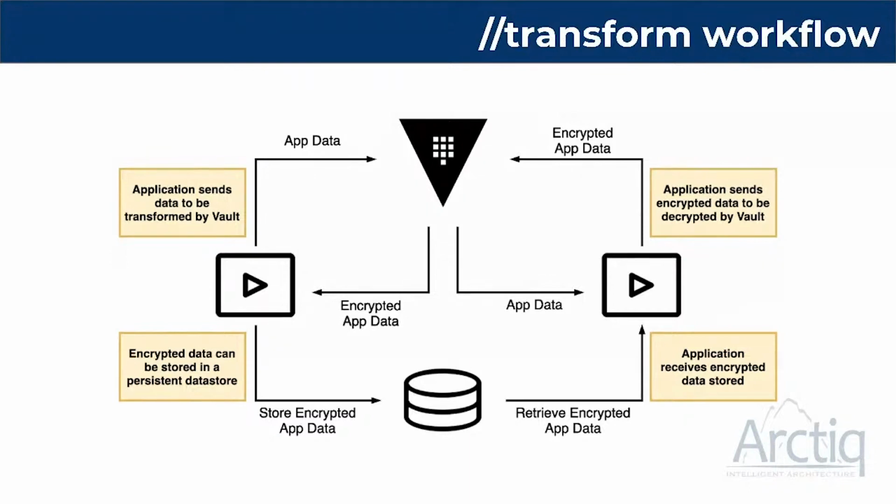The application will then connect to Vault and send that ciphertext to Vault through its API and request to have it decrypted. Vault will decrypt that data using the key it used to transform it and put it back to plain text. It'll then send the data back to the application, which can then print it out to the user. As you can see, now with Vault, it becomes an integral piece of the application and the database workflow.